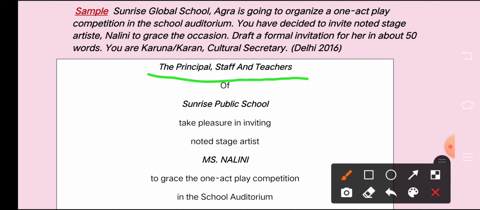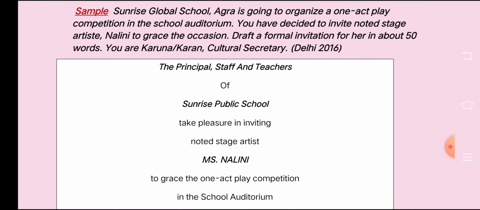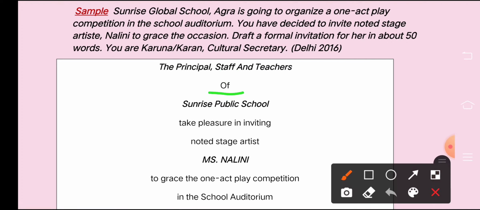Now one more thing, the prepositions which you will use in your invitation writing should be written in separate lines, like the principal, staff and the teachers. Instead of writing "of" here, that will be wrong. So whatever prepositions, of, on, you will use, you have to write in separate lines. So like here I have given "of."